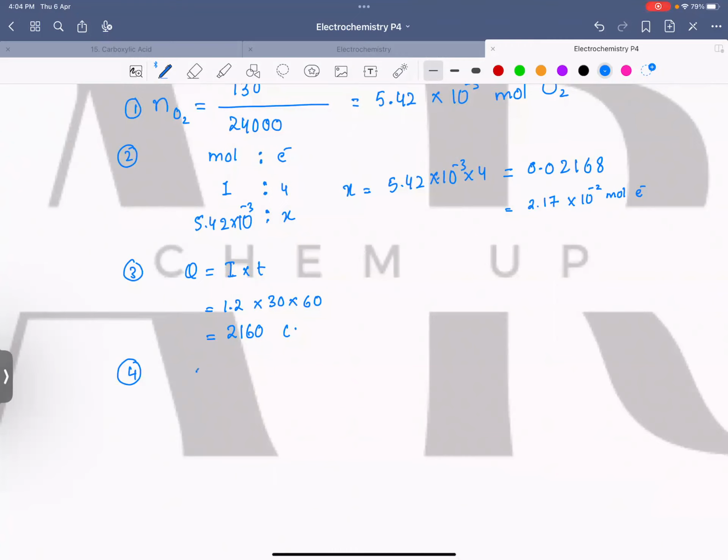We know that if there is one electron, for that one electron, the charge is 1.6 exponent -19 coulomb, right? So if this is the charge, then there must be x number of electrons. So we got the number of electrons by this ratio.